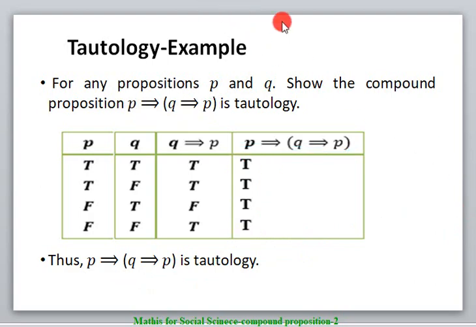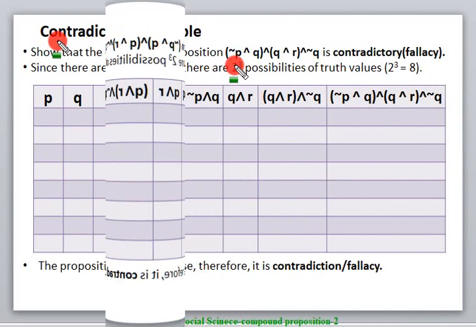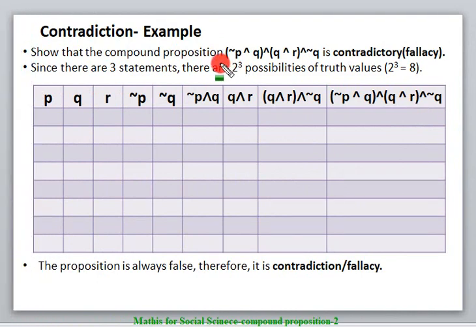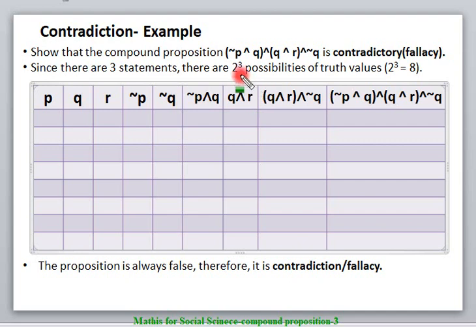Okay, let's consider this one again. Here, contradiction or fallacy: we show that this compound proposition is contradictory or a fallacy. How many propositions do we have here? P, Q, R. We have three propositions. Therefore, the possible alternative truth values are 2 to the power of 3, that is 8.